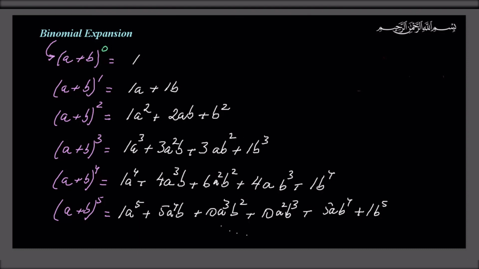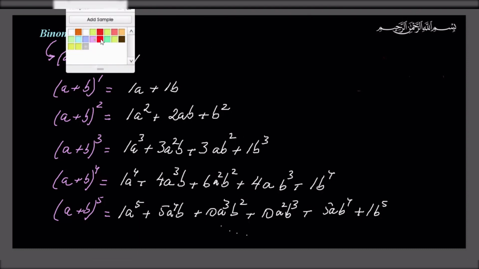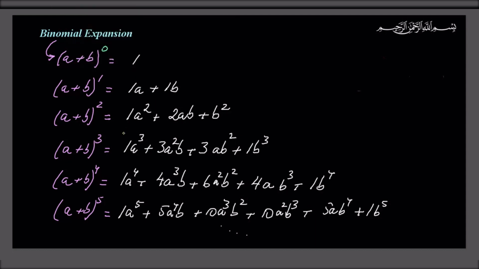So you'll see some patterns in this. The first thing that you must observe is whatever the power is over here, whatever the expansion degree is, that's the degree of the polynomial. So if it's A plus B to the fourth, that would be the degree of this polynomial, with A to the fourth.